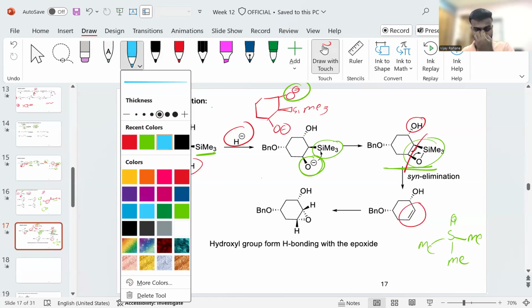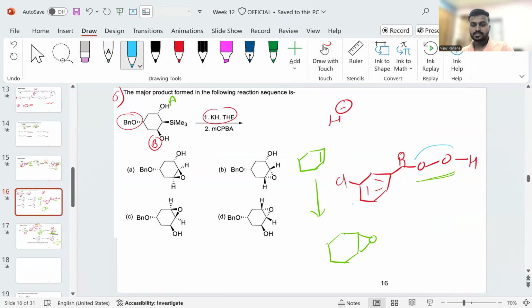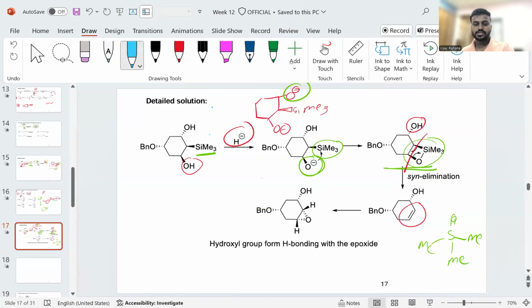In the formation of the epoxide, as I have shown in the structure, this oxygen atom forms hydrogen bonding with the hydroxy group present in the starting material. The starting material has a hydroxy group directing downward, therefore epoxy group formation also takes place on the same side as the hydroxy group in the compound. You need to keep note of that.